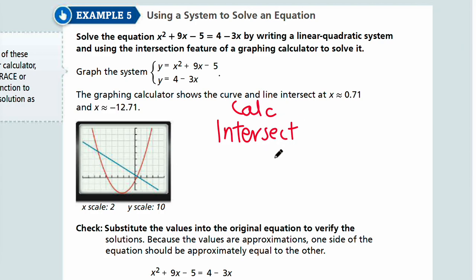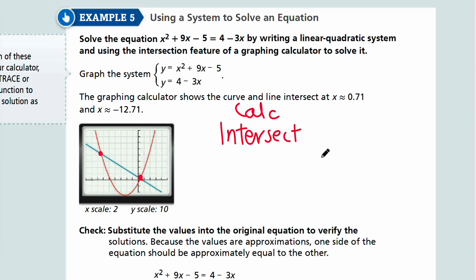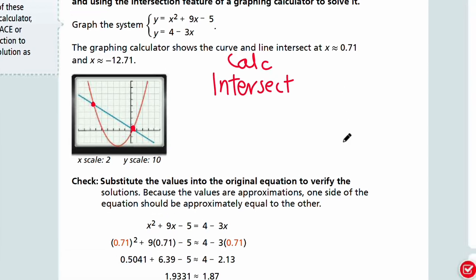Then you will calculate the intersection point, and you just have to click twice for each of your lines, and the calculator gives you the solutions for these two points. Okay, so that's for TI-84, but if you are allowed to use Desmos, then you can use them.